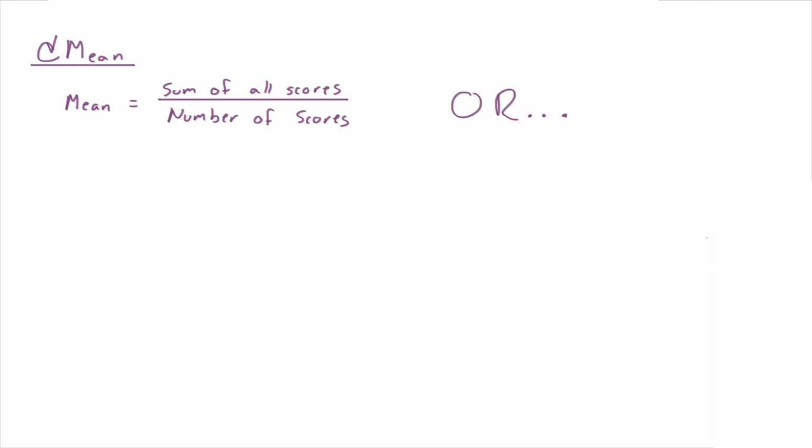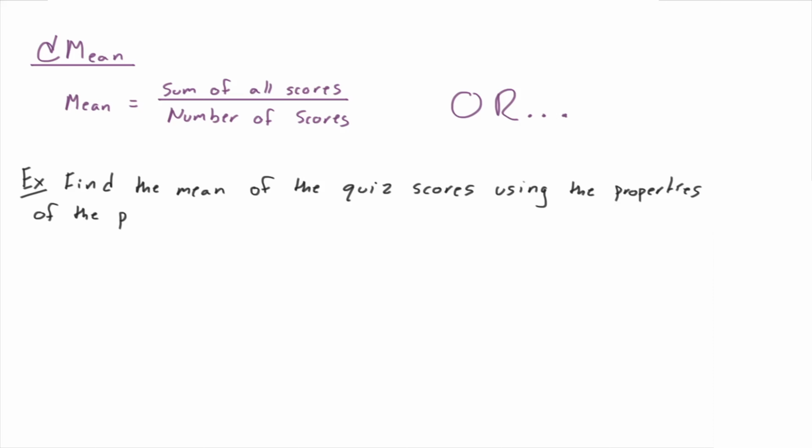Since the probabilities of each score represent the proportion of data of each score and are all adding up to 1, we can find the mean by taking the sum of the product of the score times its probability. Now, I know that might feel like a lot to take in, but let's break it down. It's more straightforward than it sounds. We can compute the mean by taking each score, multiplying it by its probability, and adding them all up.